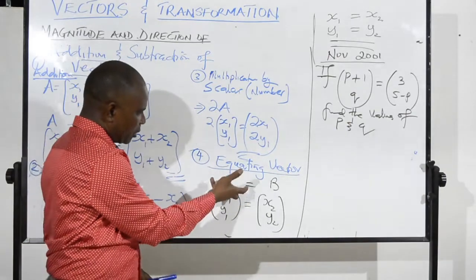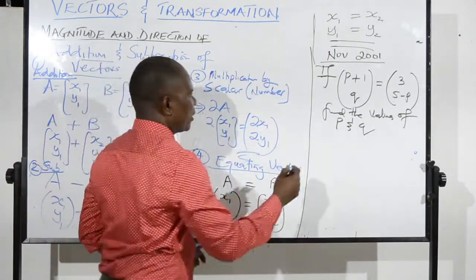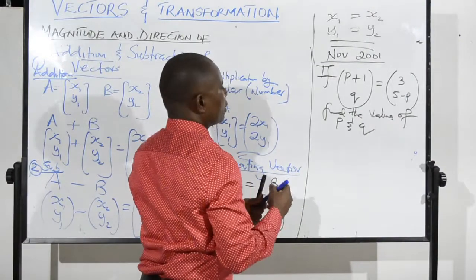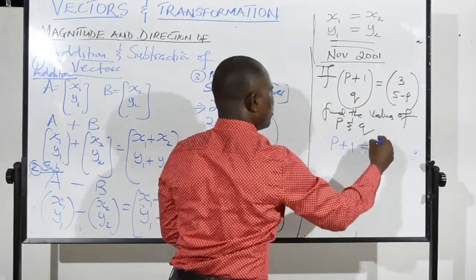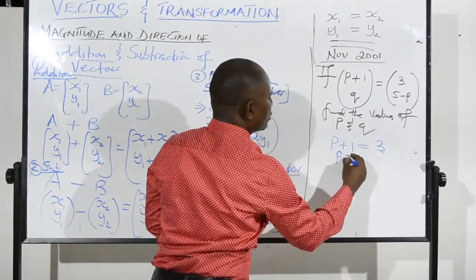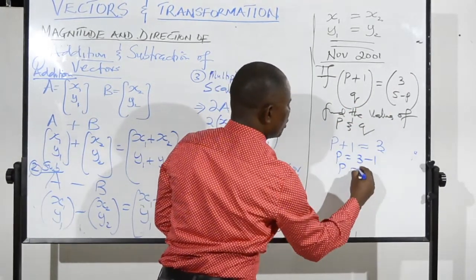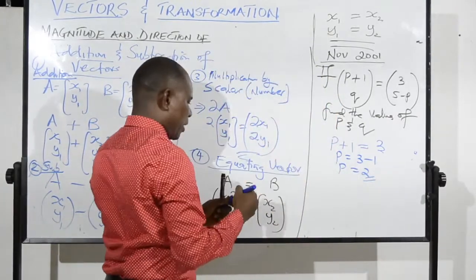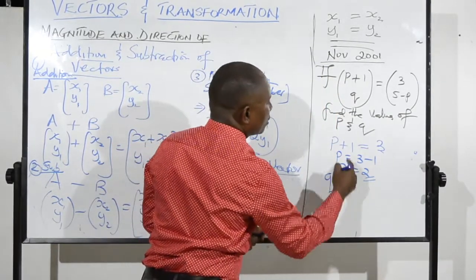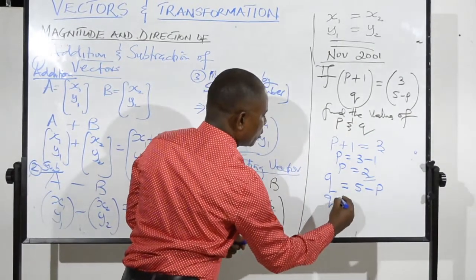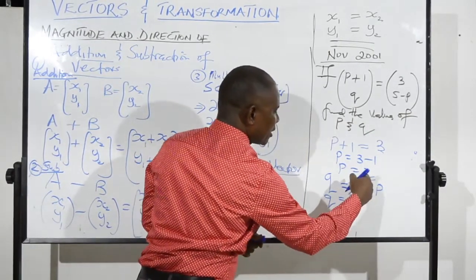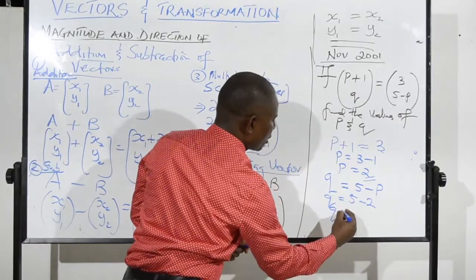In November 2001, if you recall that question, you use this concept of equating the vector. The x component of this one must be equal to that component over there. So P is equal to 3 minus 1, so P equals 2. Then I come back to the y component, Q, so Q is equal to 5 minus 2, so Q becomes 3.